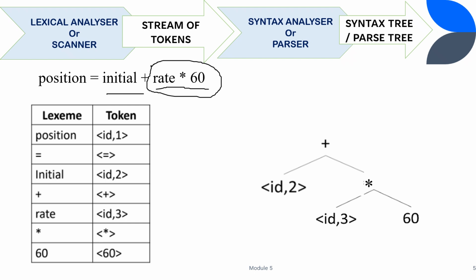But the correct way of drawing the tree is not to use the original names which are there in the equations, because as we see, the syntax analyzer is responsible for using the tokens that are created by the lexical analyzer and creating the parse tree.